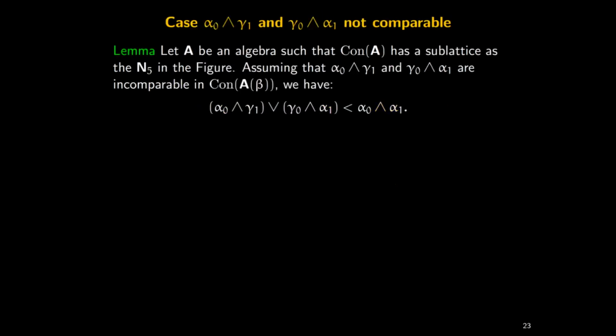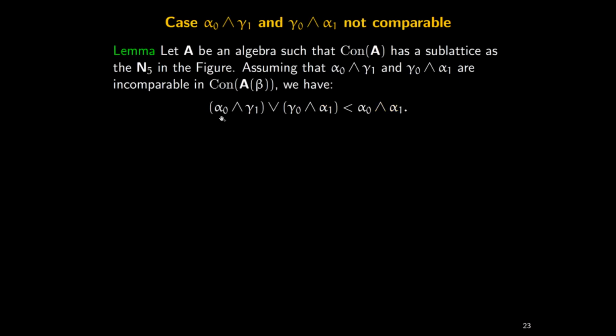In the other case, what's happening? The other case is when alpha 0 meet gamma 1 join gamma 0 meet alpha 1 is not alpha 0 meet alpha 1, and the two congruences are not comparable.